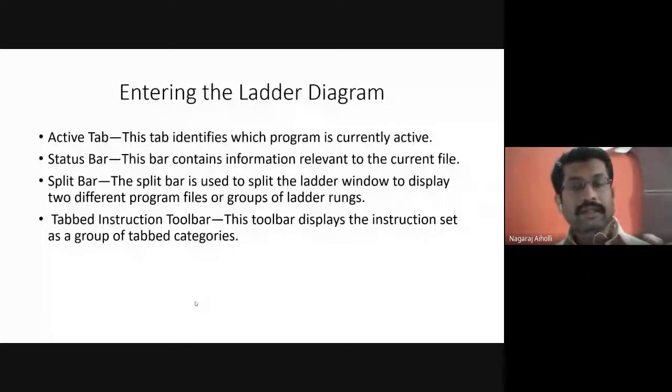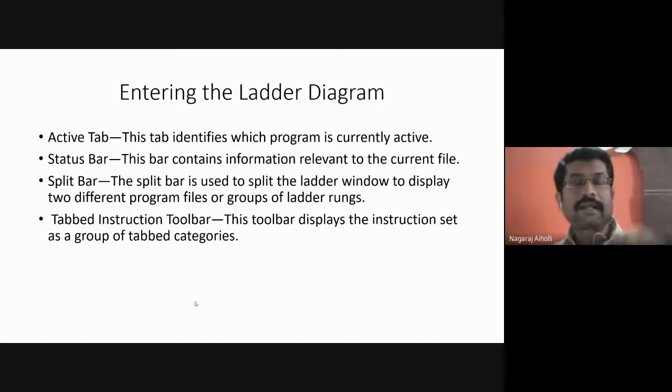Then these tabs identify which program is currently active, and that is being highlighted by the active tab. Then the status bar, this is the bar which contains information relevant to the current file, the existing file, the running file. Information of that is being shown by the status bar.